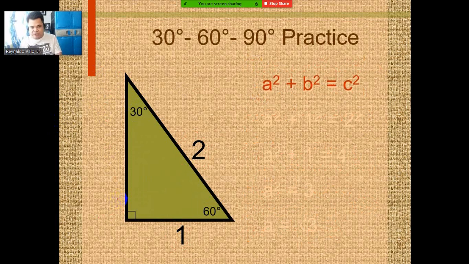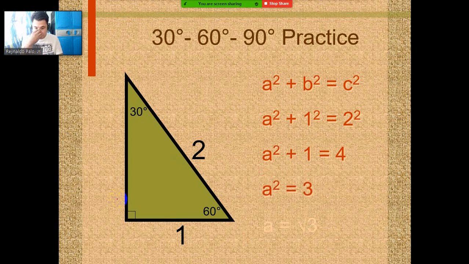So we substitute. a is unknown, that is the long leg, plus 1 squared, which is the short leg, equals 2 squared, which is the hypotenuse. Simplify, we have a squared plus 1 equals 4. Then we combine similar terms. It is now a squared equals 3. Extract the square root of both sides. It's now a equals the square root of 3.